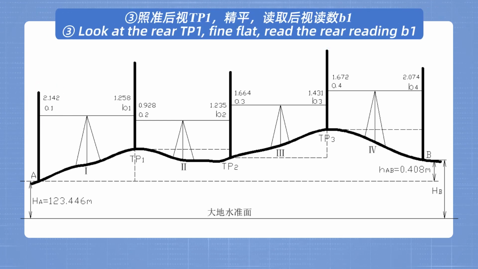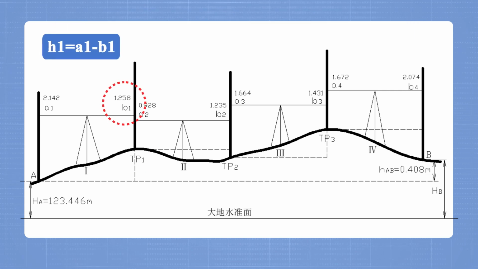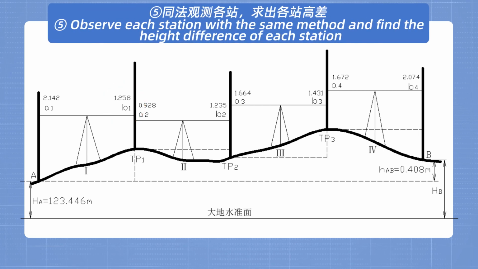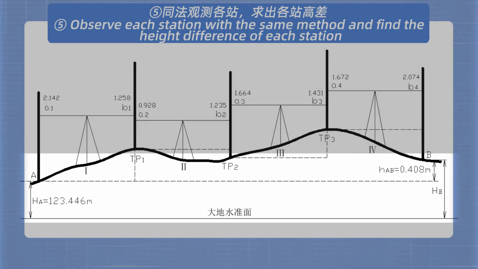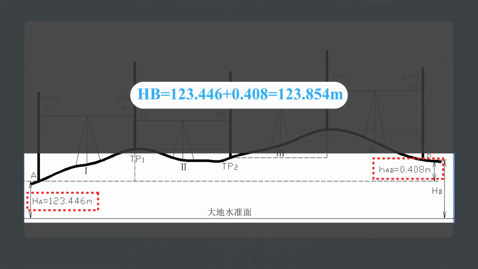Aim at the front sight point TP1, finely level the instrument, and read the forward reading B1. Then the height difference of the first station is H1 equals A1 minus B1. 5. The same method is used to observe each station and calculate the elevation difference. HB equals 123,446 plus 0.408 equals 123,854 m.